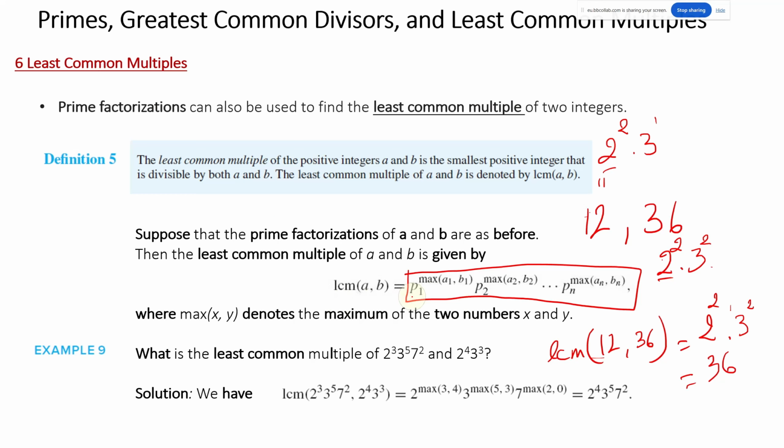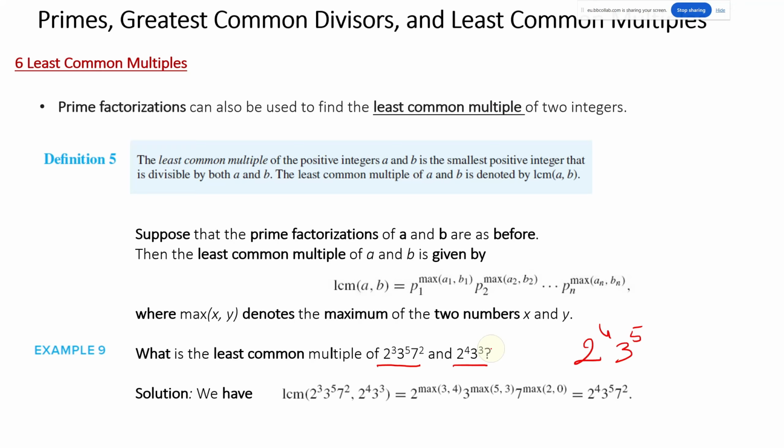And then between the 7 to the power of 2 and there's nothing. If there's nothing, that means there's a 7 to the power of 0. So which one are we going to take? It's 7 to the power of 2. So this is going to be the least common multiple. And notice that this number is basically this one here, that's this one times 2.